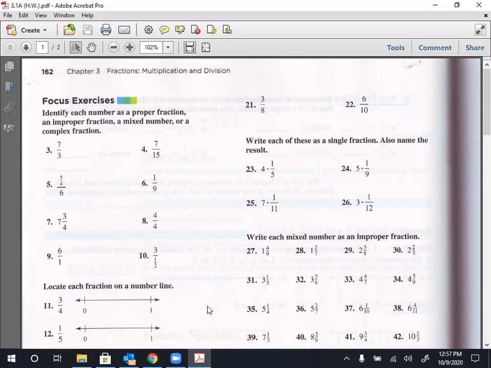So in the next group, let's do, for example, number 21. We're going to write 3/8 as the multiplication of a whole number and a unit fraction.